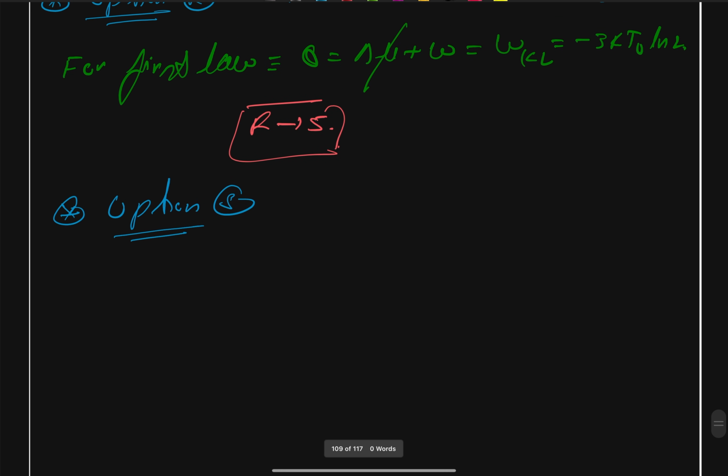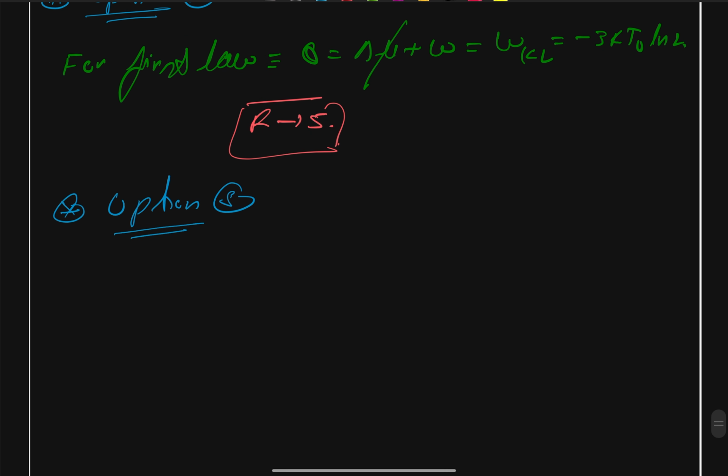Okay, so we know that our MJ is isothermal, therefore change in internal energy MJ will be equal to 0. So we get that our S goes to 2.